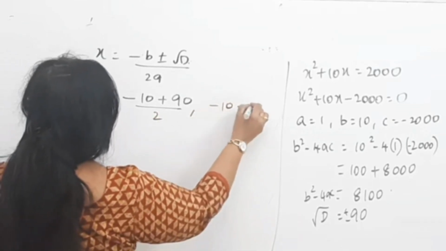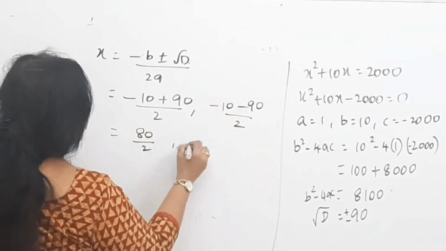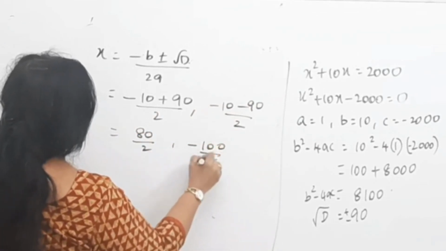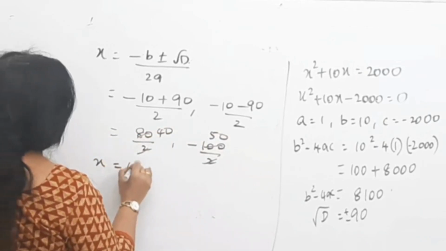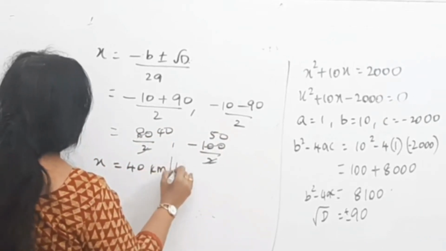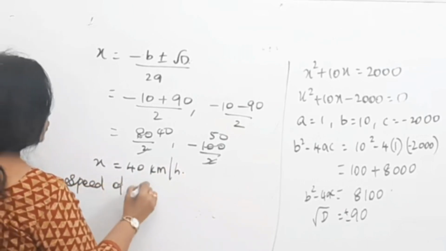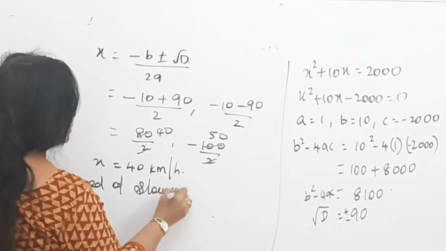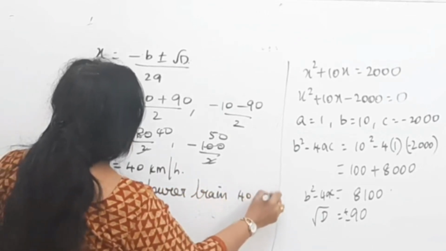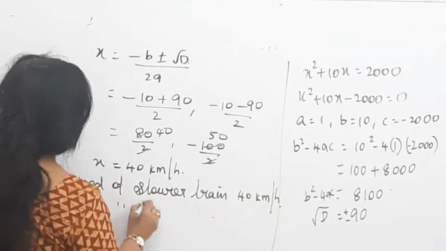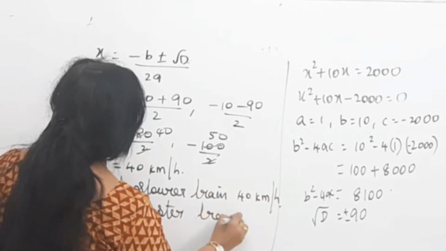So minus 10 plus 90 divided by 2, that's equal to 80 by 2, that's equal to 40, and minus 10 minus 90 divided by 2 is minus 100 by 2, which is minus 50. So my x is equal to 40 km per hour, which is the speed of the slower train, 40 km per hour, and speed of the faster train is 50 km per hour. As simple as that.